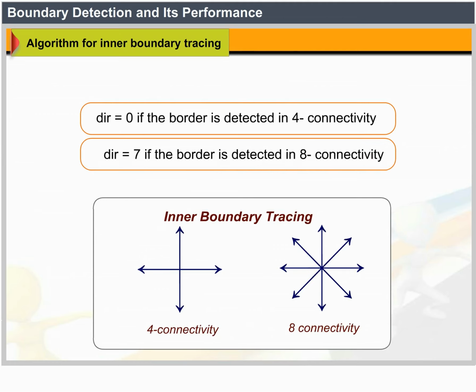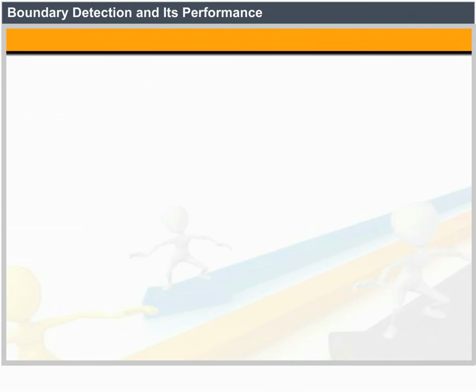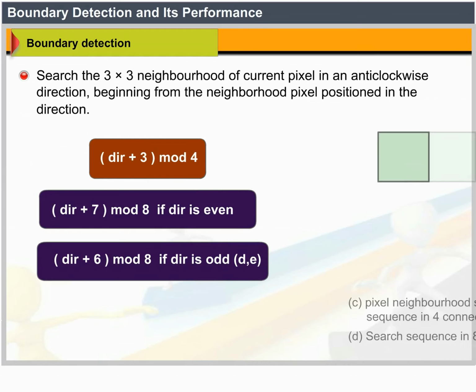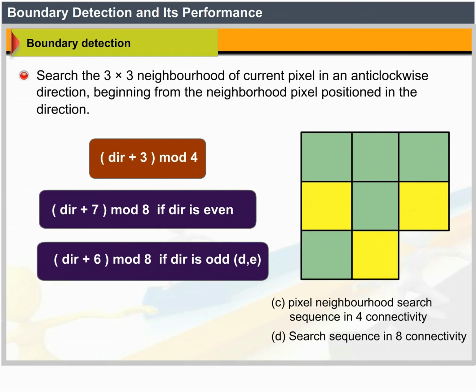This figure shows the inner boundary tracing, direction notation for 4 connectivity and 8 connectivity. Search the 3 by 3 neighborhood of the current pixel in an anti-clockwise direction, beginning with the neighborhood pixel. The figure shows the pixel neighborhood search sequence in 4 connectivity and 8 connectivity.